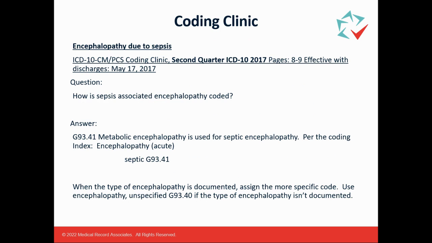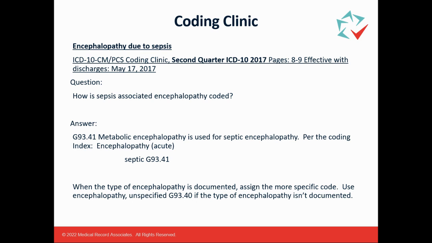So we have a coding clinic regarding encephalopathy due to sepsis, and this is from second quarter 2017, pages 8 and 9. How is sepsis-associated encephalopathy coded? And the answer is G93.41, metabolic encephalopathy, is used for septic encephalopathy.